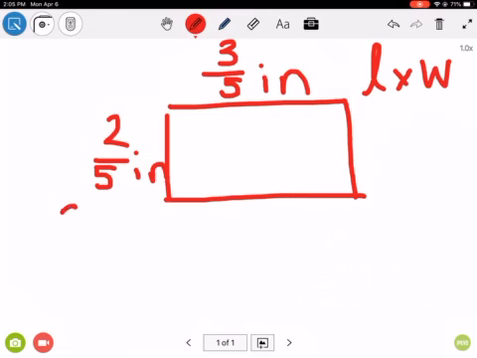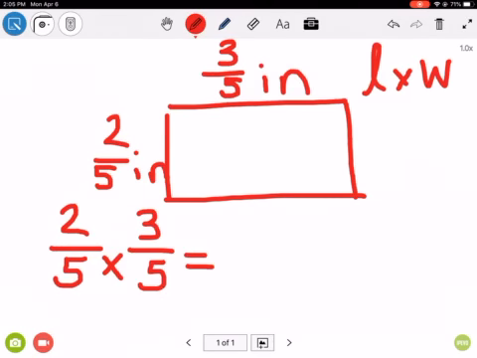So I'm going to take 2/5 times 3/5, multiply straight across. 2 times 3 are my numerator, so 2 times 3 is 6. And my denominator is 5 times 5, which is 25.